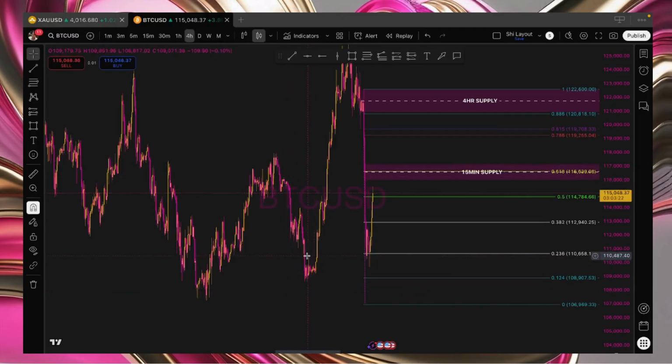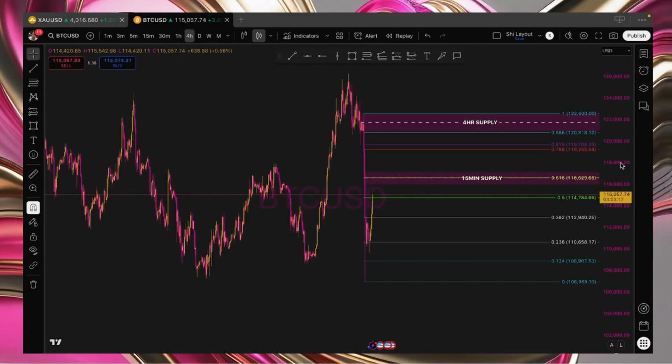We were able to get back above that because of the recent news. However, in order for us to really push above a zone, I really feel like we're gonna have to see it close above this 4-hour supply to be a strong indication that we're going to be bullish again.